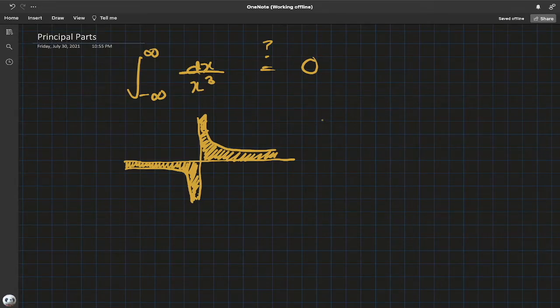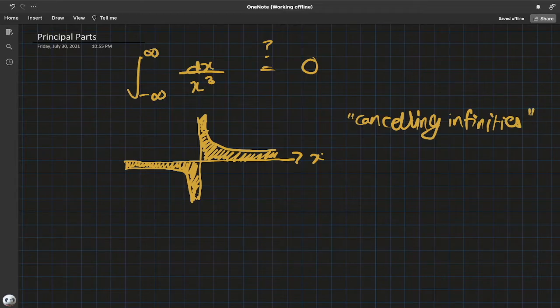One way of thinking about this is like, think of cancelling infinities. Why do I say infinities? Because there's this x equals 0 point that lies at the center, and at that point the function diverges, like the limit doesn't exist. It just blows up.